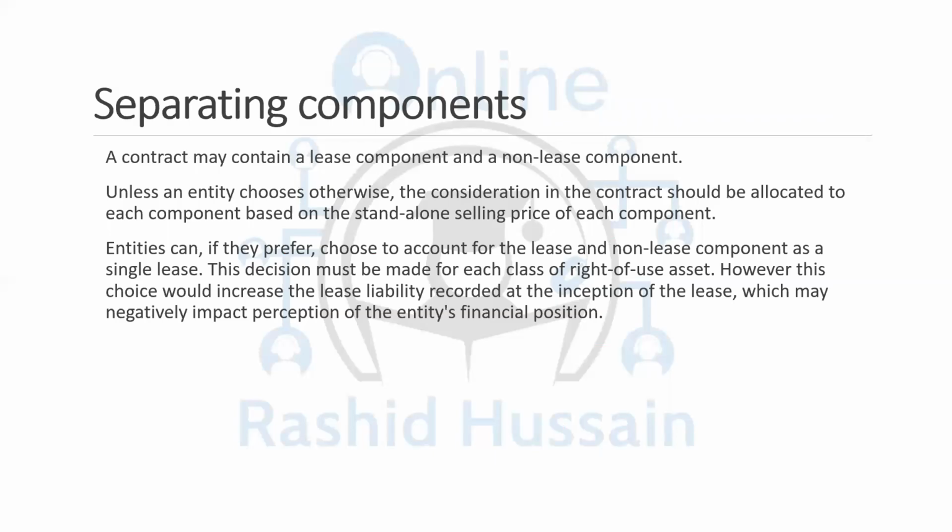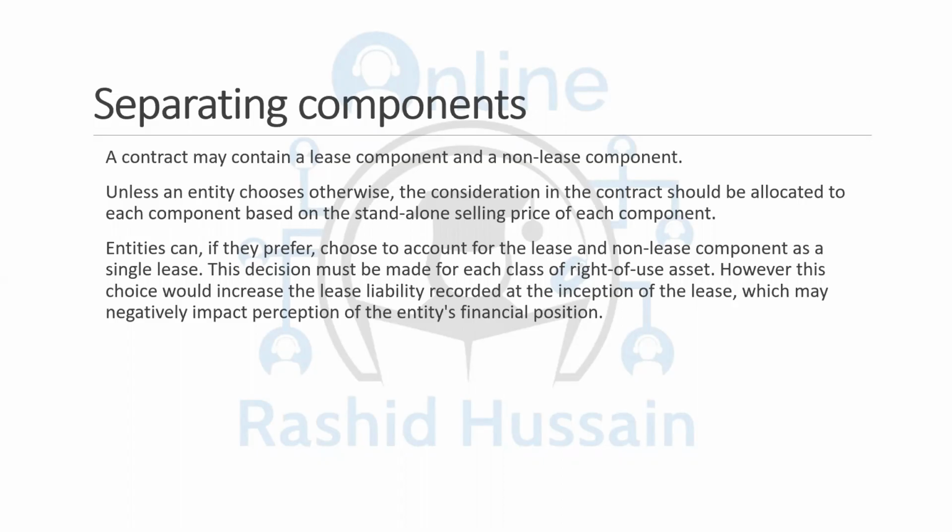Okay, now we have the separating components. Separating components means sometimes when you are entering into a lease contract, within the contract there can be two components, a lease component and a non-lease component. For example, you're giving a machine on lease and you're providing services as well. Obviously, these services are not a lease component.